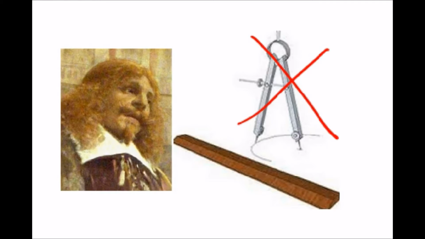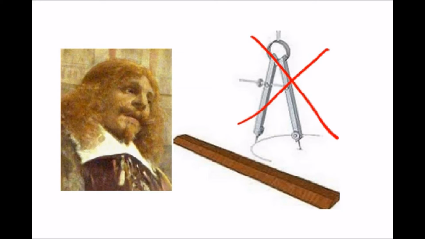And what's interesting is that for a long, long time before Desargues, Euclid had really been the kind of god of geometry. I mean, Euclid wrote down the stone tablets and people followed the rules.